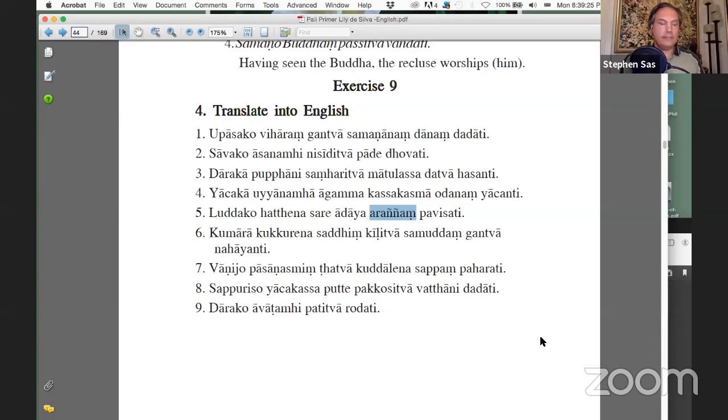Okay. Then kudalena is instrumental singular. Sappam accusative singular. And paharati is a verb, third person singular. Very good. Thank you. And so I think you're right. Another way possibly to take it is to take the absolutive, as I suggested, as a concurrent or simultaneous kind of action.